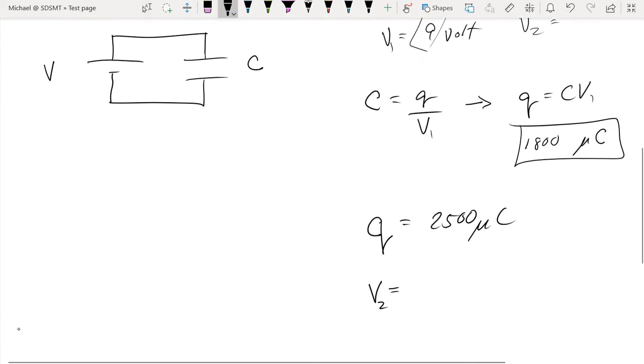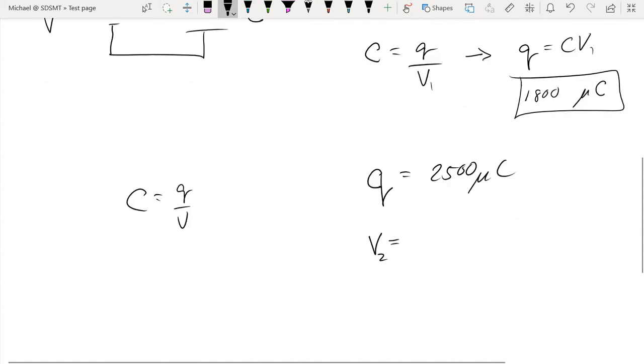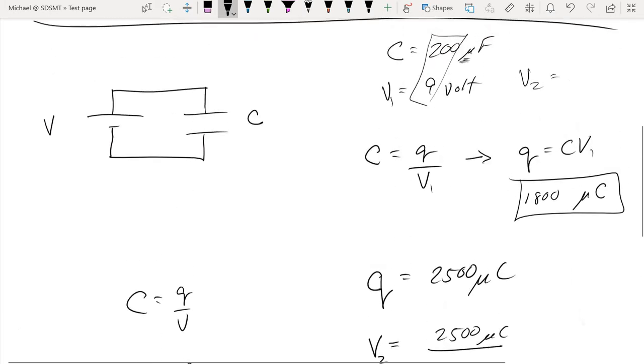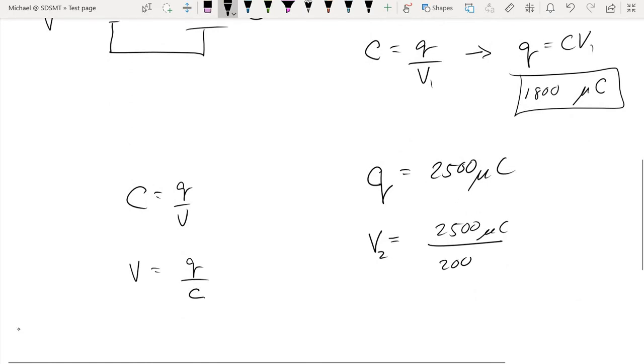So again, we go back to our capacitor ratio expression. We're going to rearrange for V, and that's going to be Q over C. So we need the charge of 2500 microcoulombs divided by the capacitance of 200 microfarads. Now again, we can take advantage of the units because we have micro divided by micro.